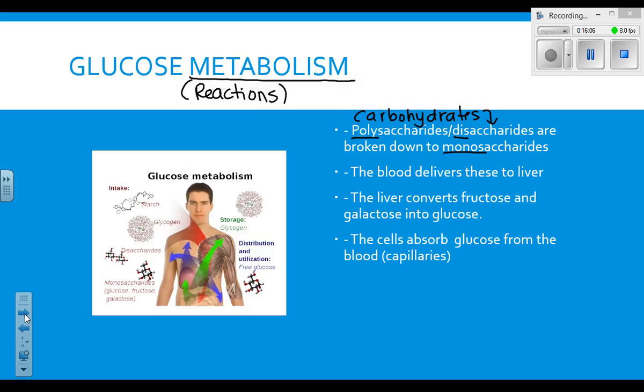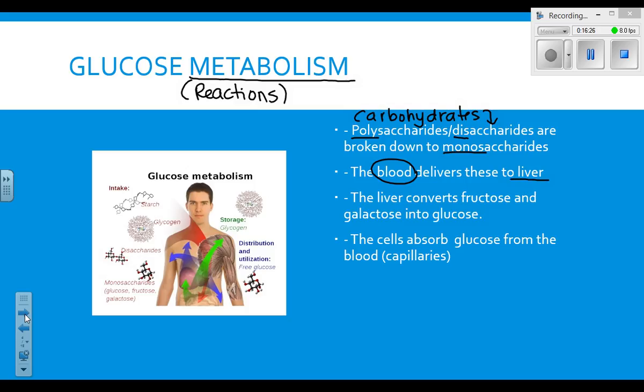Mono means one. So regardless of what format you eat your carbohydrates in, eventually they're all going to get broken down into monosaccharides. Then your blood comes along and delivers them to your liver.